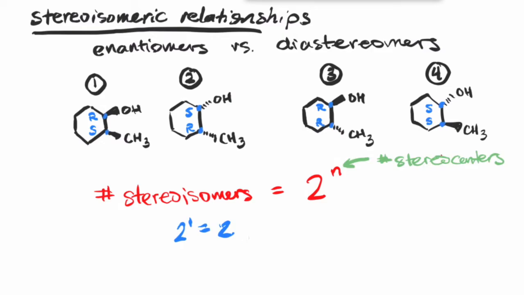And in this case, we have 2 stereocenters, so it'd be 2 raised to the 2nd power, which is 4, which is why there are 4 stereoisomers. Now this rule breaks down a little bit when we come up with a molecule that is called a meso compound. So let's go ahead and take a look now at meso compounds.